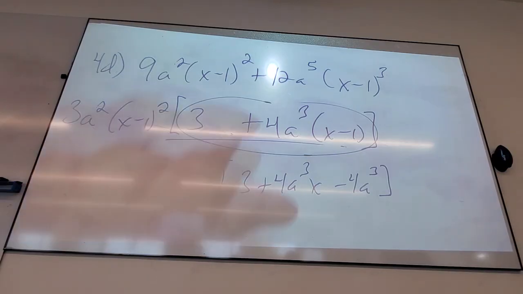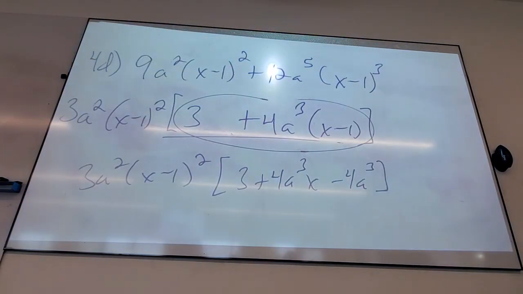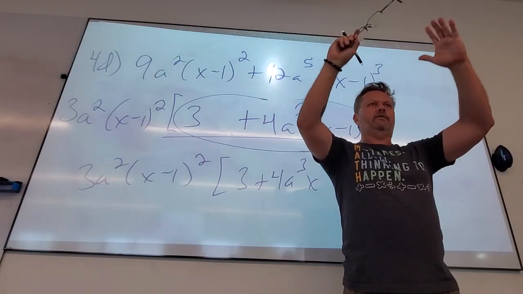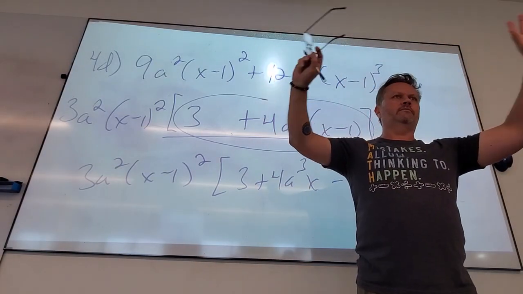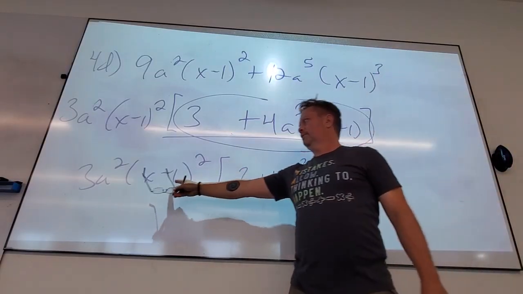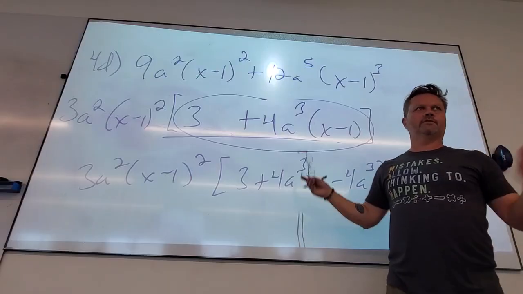But if this was just a 4, and I distributed, then the 3 and the negative 4 could go together, which would simplify the inside. The factoring is done. Now we're just trying to make the insides look the best they can. This guy looks really good. This guy needed some help. That's as much as we can do.